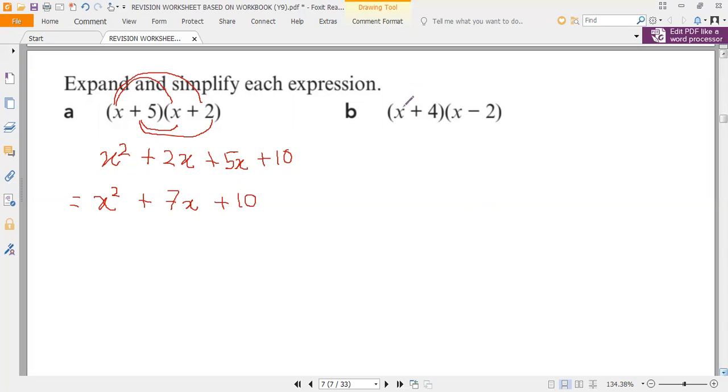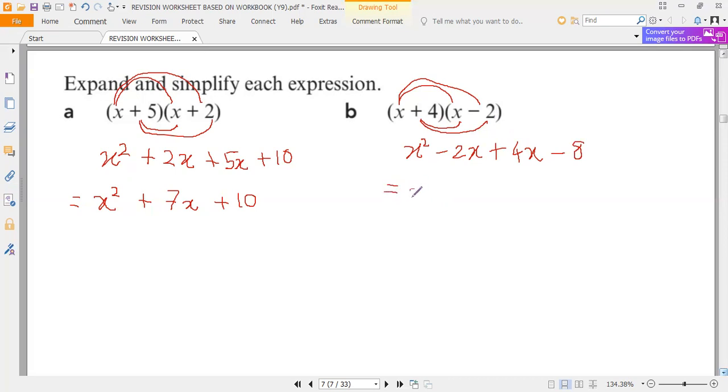Okay. Question B now. Same concept. X times x is x squared. X times negative 2, negative 2x. Positive 4 times x, positive 4x. Positive 4 times negative 2, positive times negative, negative 8.